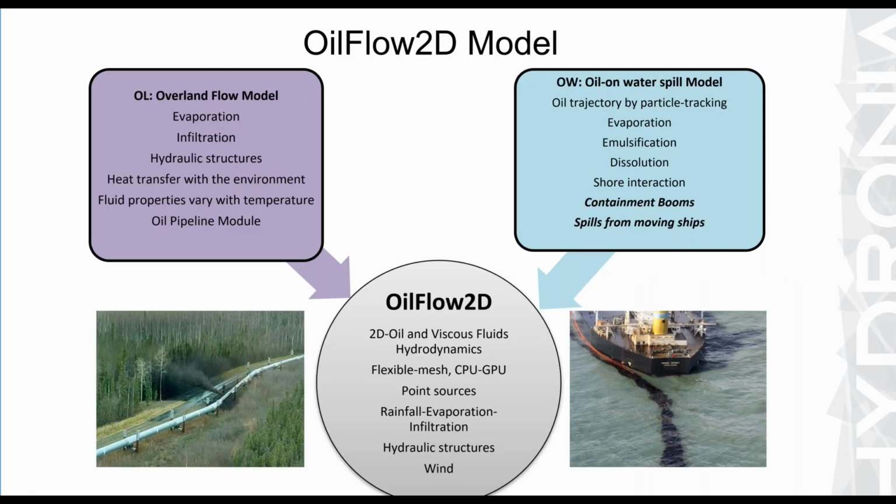Now, the OilFlow2D system is basically a software modeling system that can account for spills on land, what we call the overland flow model, and also on water. The main system consists of a two-dimensional oil and viscous fluid hydrodynamic model, whose numerical aspects can utilize a flexible mesh.